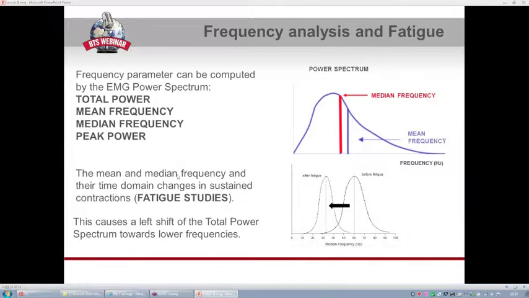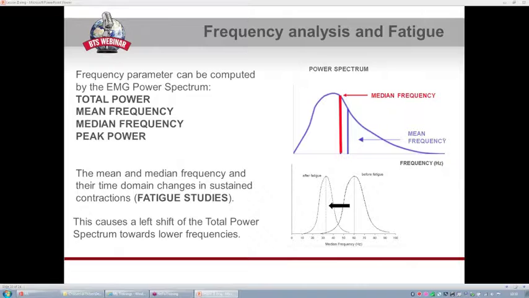This is, for example, widely used in fatigue studies. In fact, within static submaximal contraction, both the amplitude and the frequency-based analysis parameters can show time domain changes during muscular fatigue.